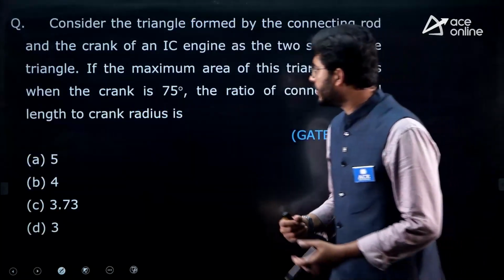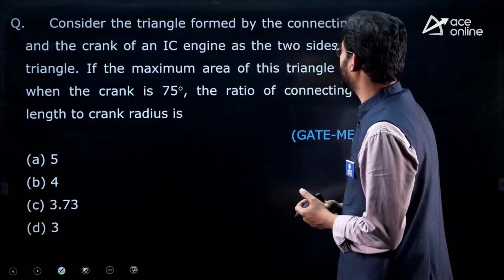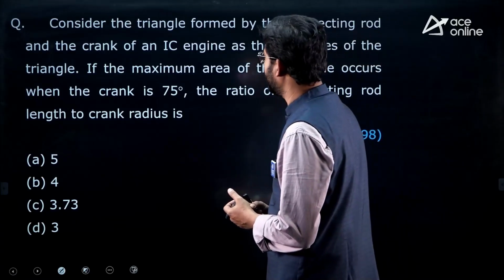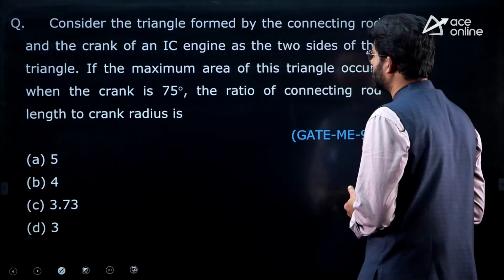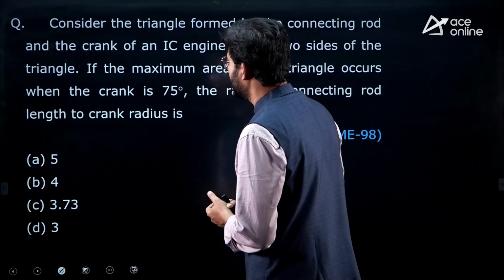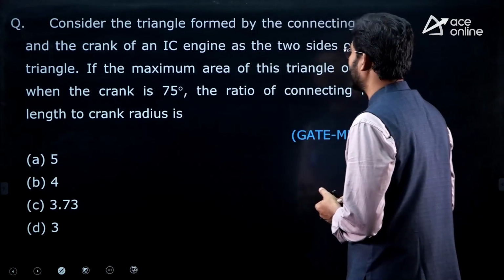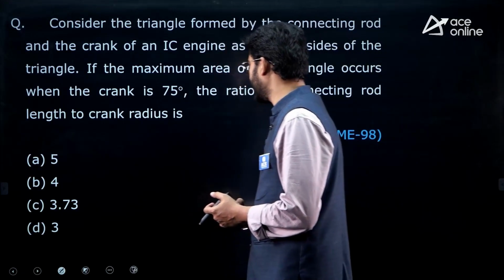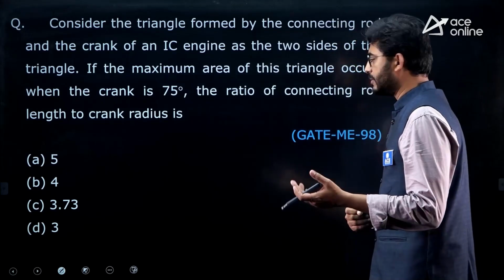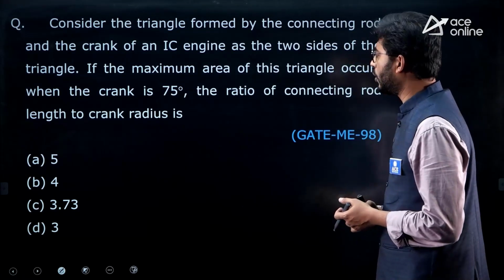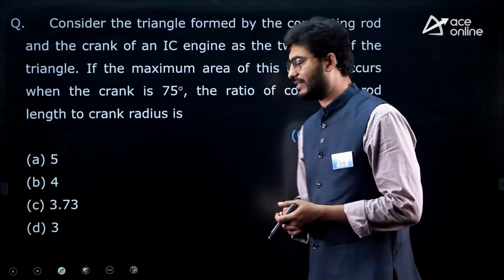Okay, let's see the question. Here consider the triangle formed by a connecting rod and the crank of an IC engine has two sides of the triangle. If the maximum area of this triangle occurs when the crank is 75 degrees with respect to line of stroke, the ratio of connecting rod length to the crank radius is dash.